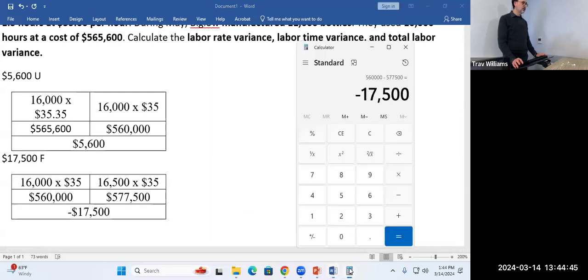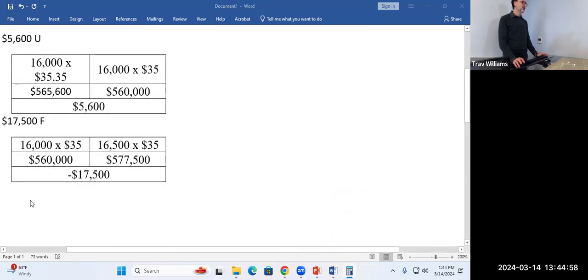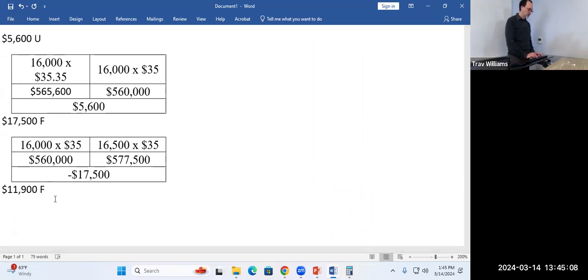So we could take that negative number and add the positive number. That'd be one way to find the total. So we end up with a total 11,900. That was negative, right? So that is our favorable total variance.